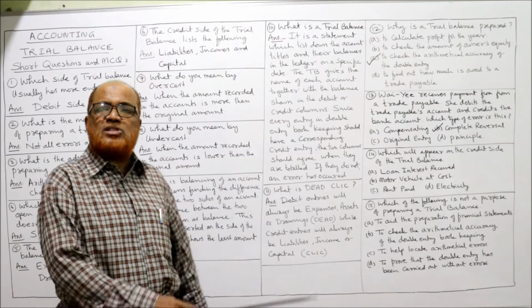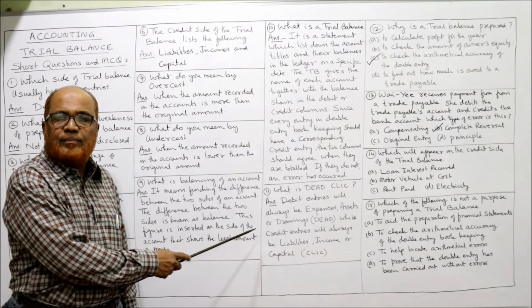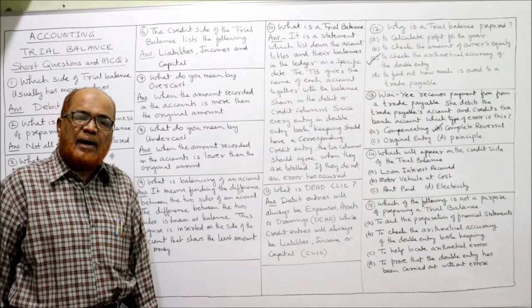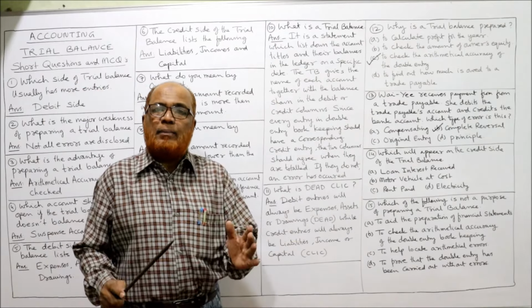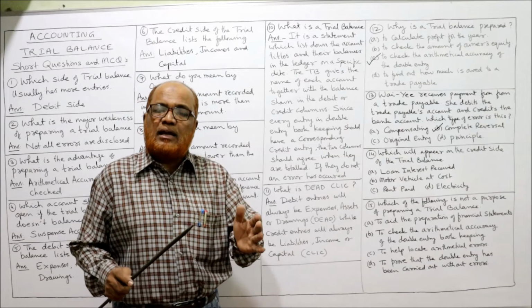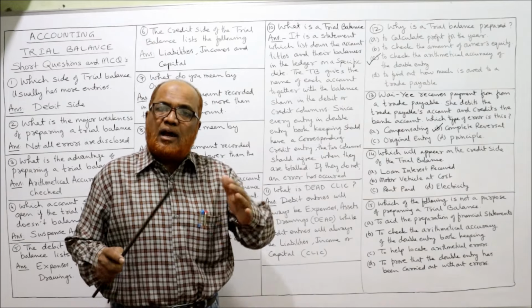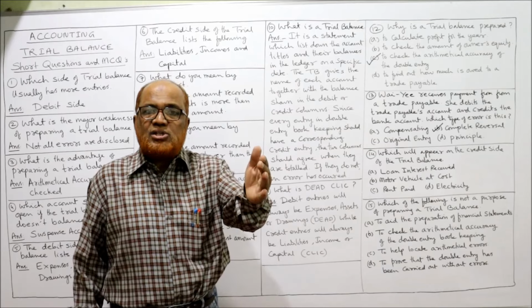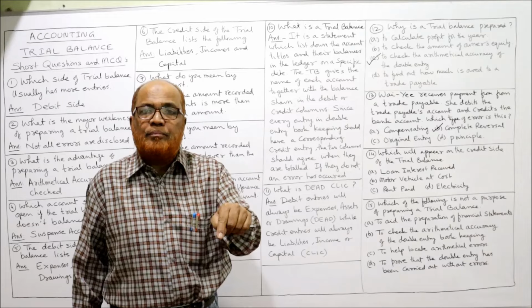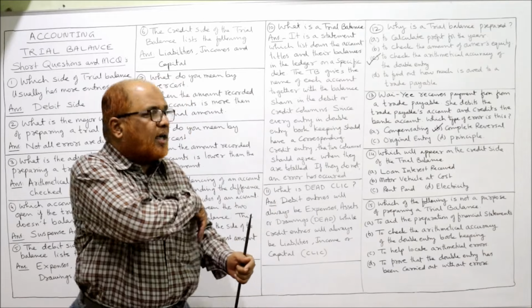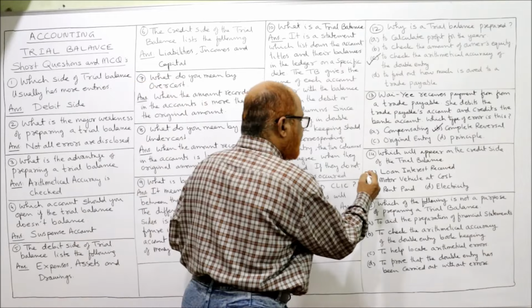All expenses will show debit balance. So out of the four items, electricity, debit balance. Rent paid, debit balance. Motor vehicle, debit balance. Interest on loan received is an income. It will show credit balance. The correct answer is A.